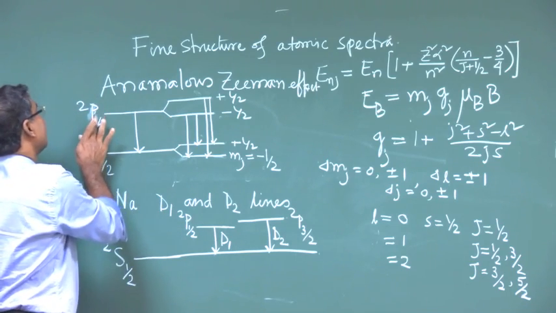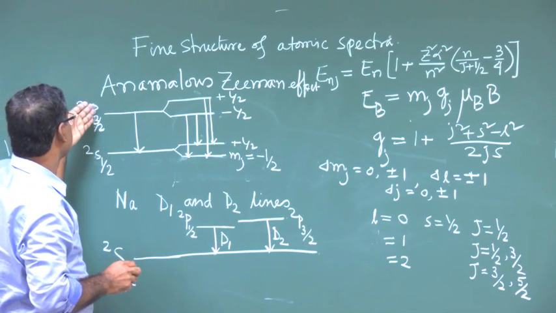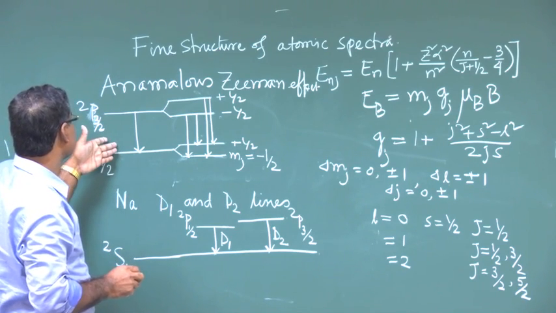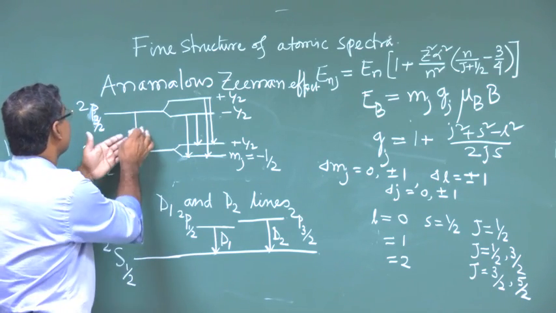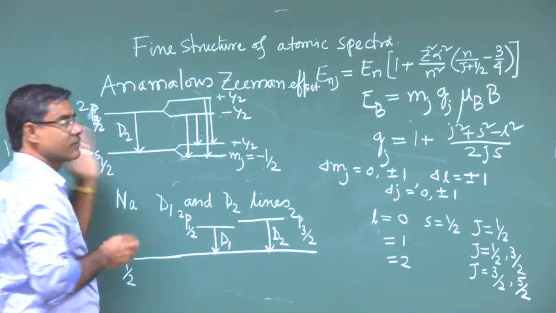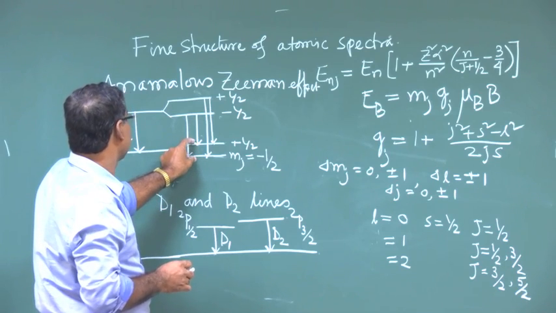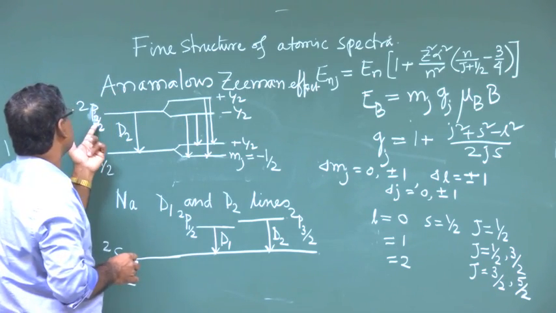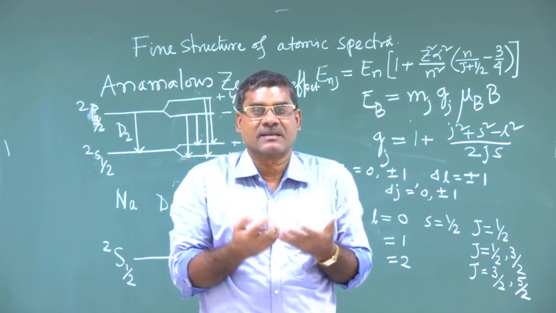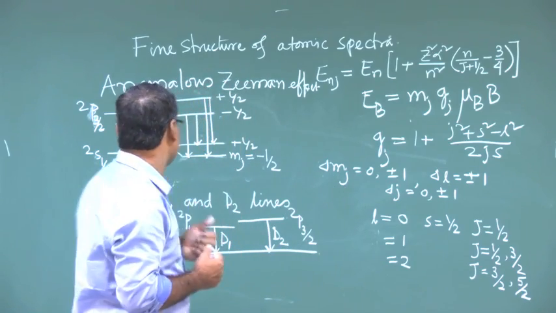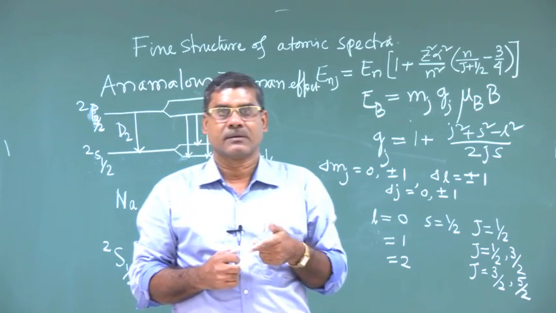So, here itself I can do it. For D1 it was the P half to S half transition, and the D2 transition is P 3 half to S half. Earlier we considered D1, now the D2 line. This one now has j equal to 3 by 2, so mj will be plus 3 by 2 to minus 3 by 2: 3 by 2, half, minus half, minus 3 by 2.